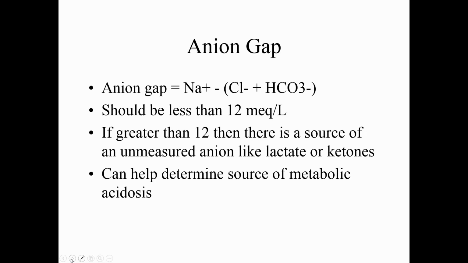We could put all those things in there, but we use our three normally measured ions, and if we have a high anion gap and we have to maintain electroneutrality, there's some other anions from somewhere. Where did those come from? They're coming from something like lactate or ketones.